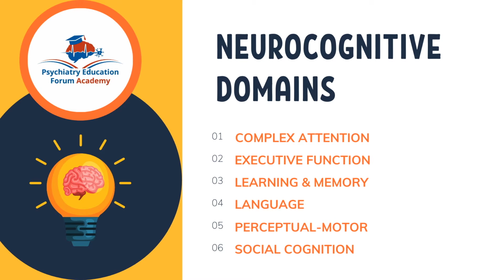So we know we have these 6 domains that we need to evaluate, and that can help us even point in the direction of specific subtypes of dementia. And these domains are complex attention, executive function, learning and memory, language, perceptual-motor functioning, and social cognition.